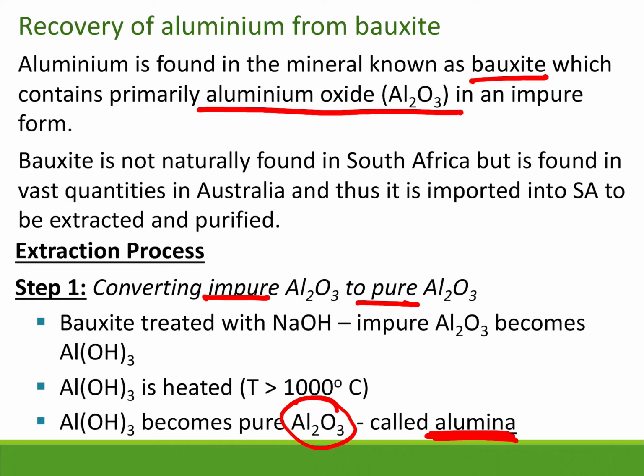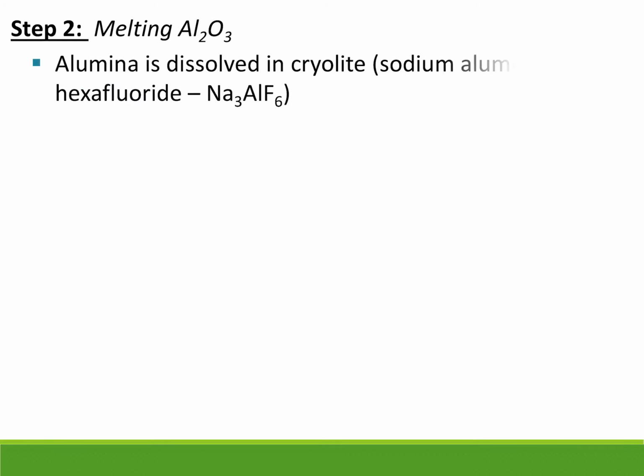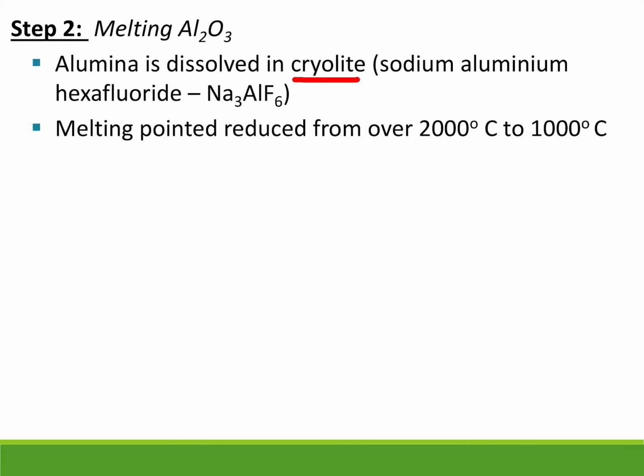We now take that alumina and we're going to work with it. So now we melt the alumina, but we first have to dissolve it in cryolite. The reason for this is that it reduces the melting point from 2000 degrees Celsius to 1000 degrees Celsius.